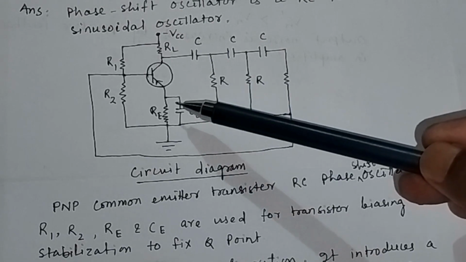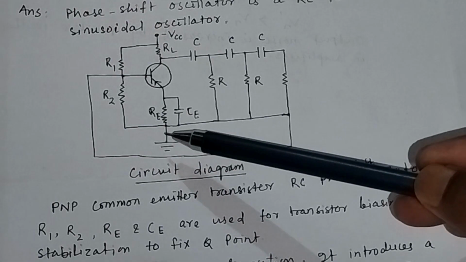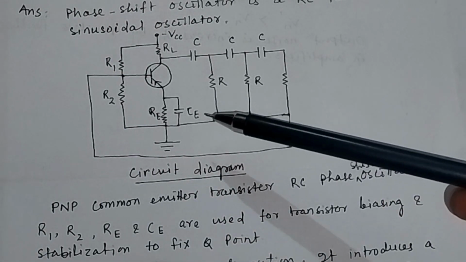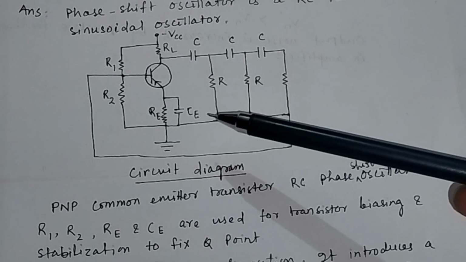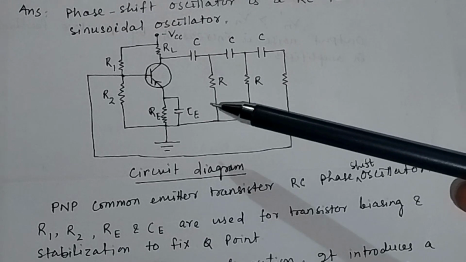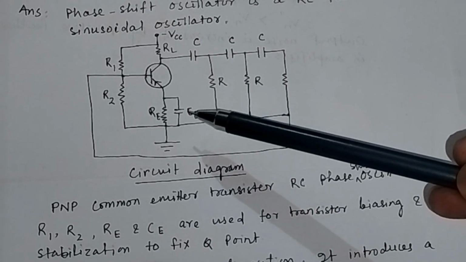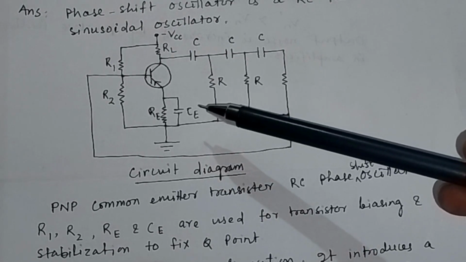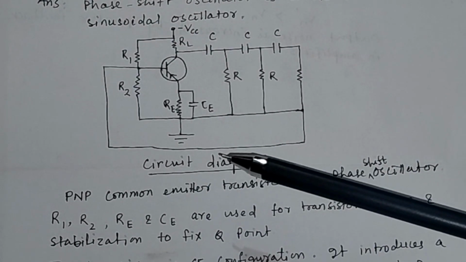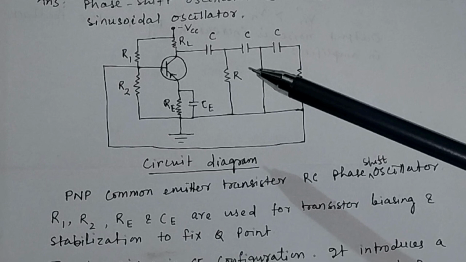So this transistor is in common emitter configuration, and about R1, R2, RE and CE, you watch my previous video about transistor biasing and transistor stabilization, and why the Q point or operating point is necessary in the case of a transistor. I have discussed it in the transistor biasing and stabilization circuits.